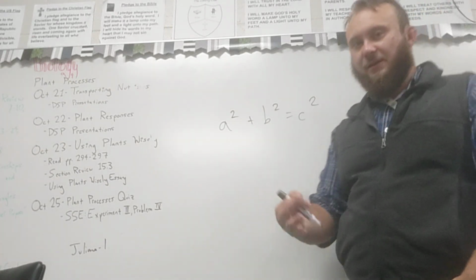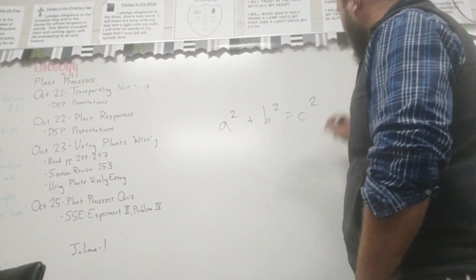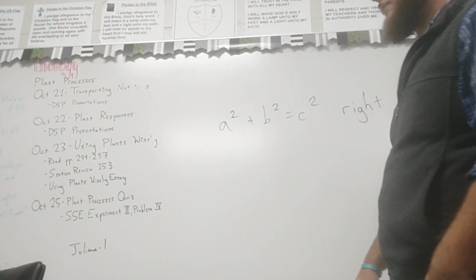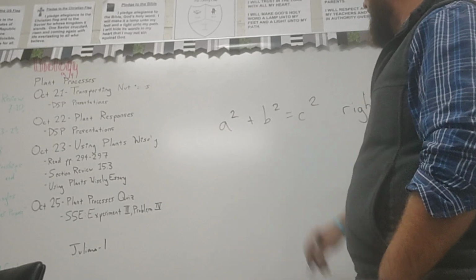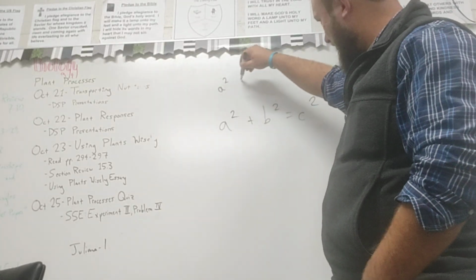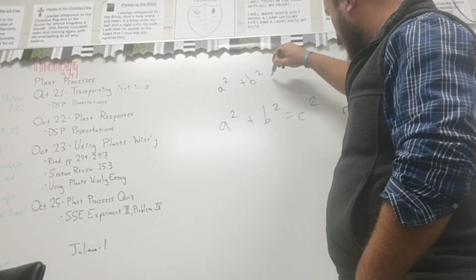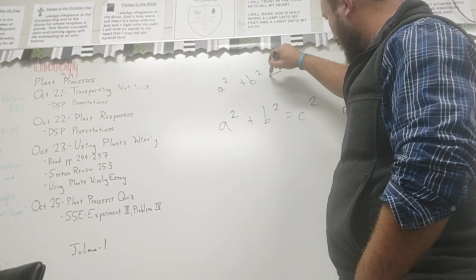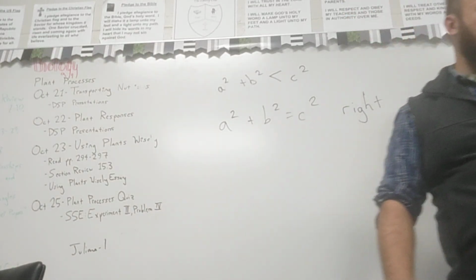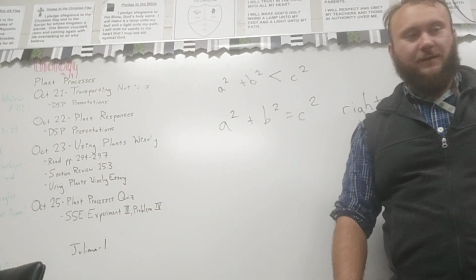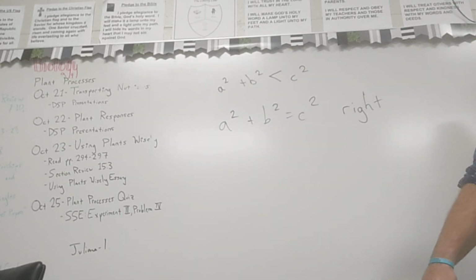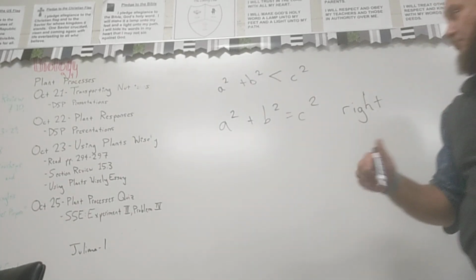So we have our three categories of triangles. This is a right triangle, of course. Now, if we transfer this to an inequality, so a squared plus b squared is less than c squared, we then know, due to the corollary of the Pythagorean theorem, that is an obtuse triangle.